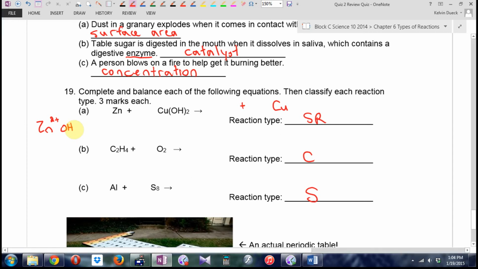OH has a charge of -, so when I crisscross, it's going to be zinc, a single one, but I'm going to need 2 OHs. So for 1 more mark, you need Zn(OH)2 plus Cu. If you have the subscripts wrong, you can get a half mark of the 1. And now I balance. Oh! It is balanced. Yes? Yep. Whew! So 1 mark for leaving it blank.